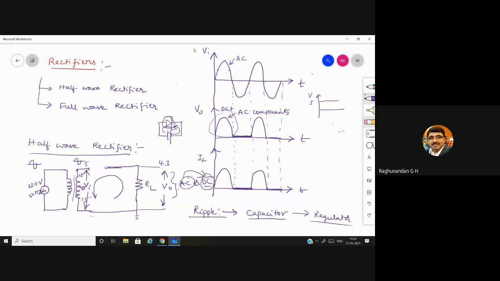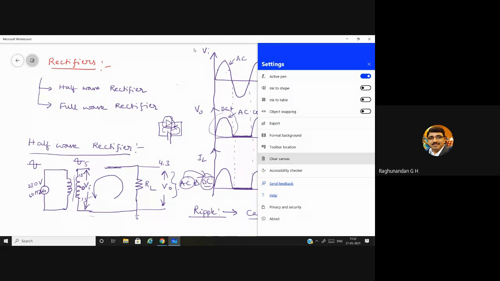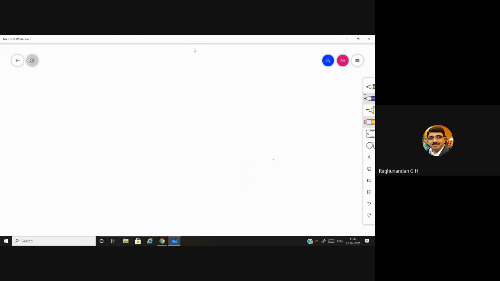After this, we need to derive expressions for different parameters. So this derivation is very, very important. And among the half wave, full wave with center tap, and bridge rectifier, one question is 100% what you'll get.